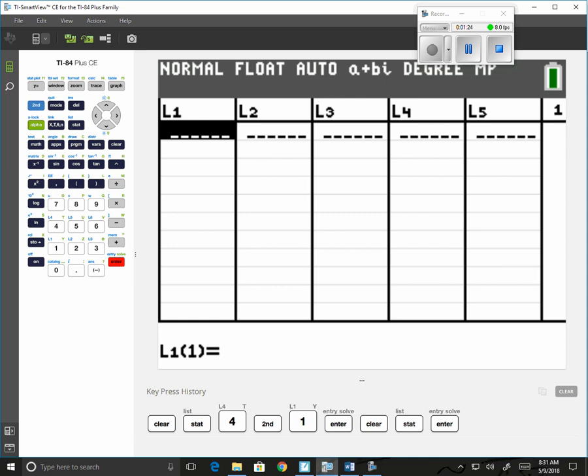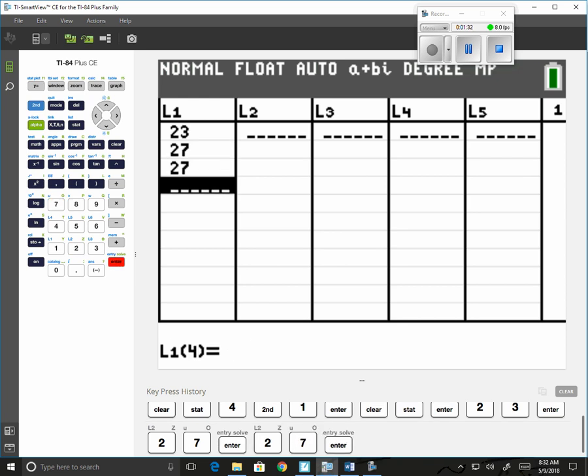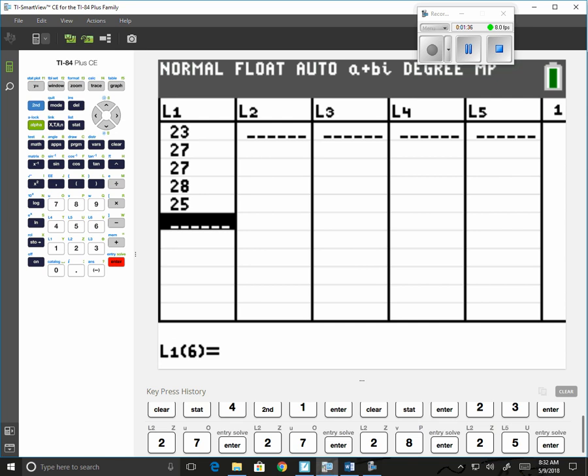This might take me a second here. If we input all the data, I have 23, 27, 27. Even though 27 is there twice, you still put it in twice, so it counts twice.